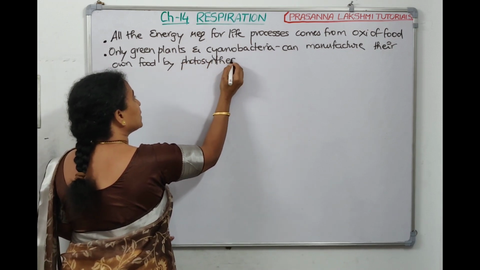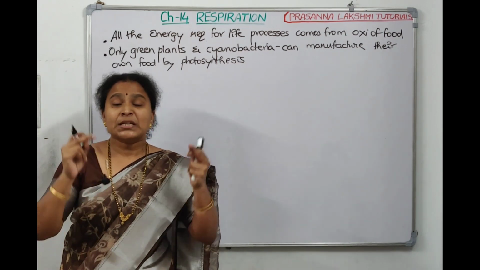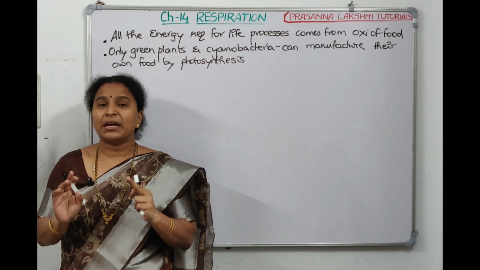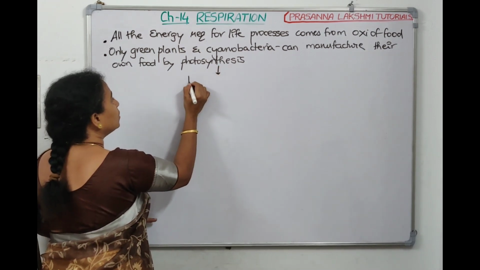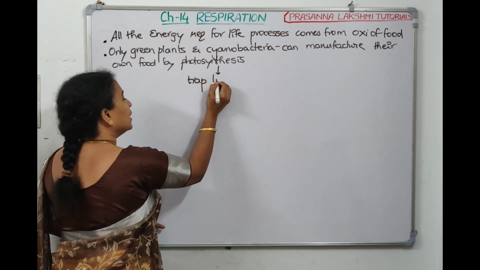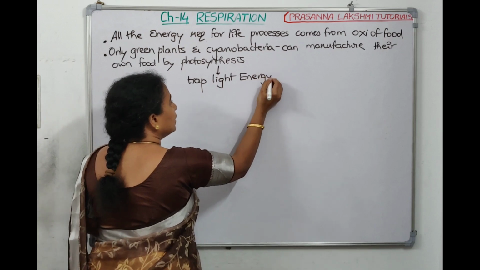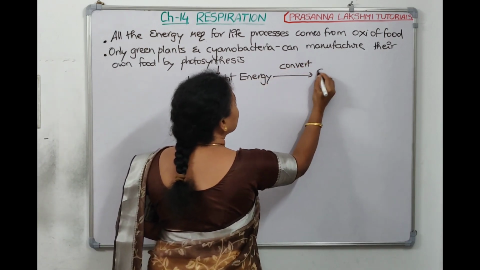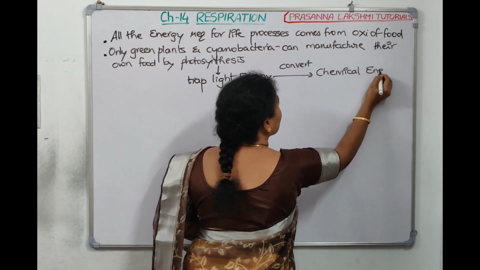Now, what do you mean by photosynthesis? Photosynthesis means trapping sunlight, converting that light energy into chemical energy. So, in photosynthesis, they trap light energy and convert the light energy into chemical energy.